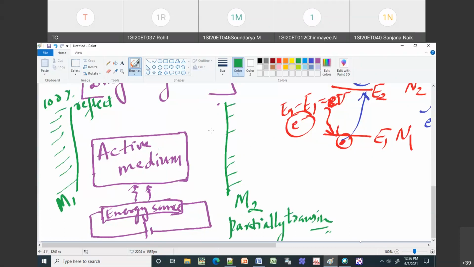Let us assume there is a first pair of coherent photons, and then a second pair of coherent photons which is emitted in this direction. Then what is the function of M1 and M2, the mirrors? If you shine light on a mirror, like you take a torch and shine the light on the mirror, what is going to happen to that light?